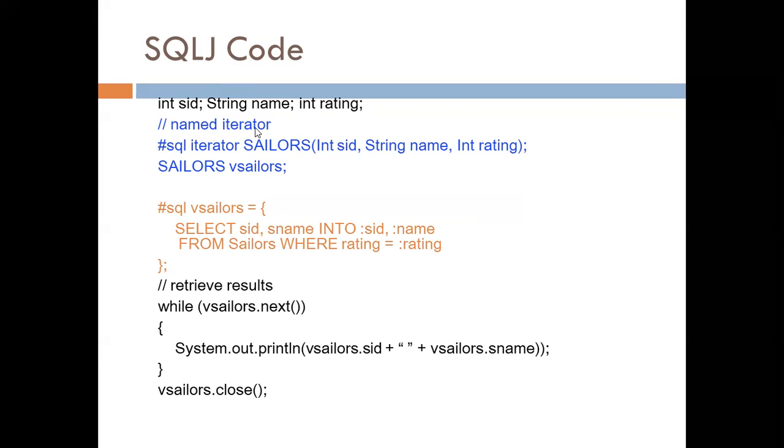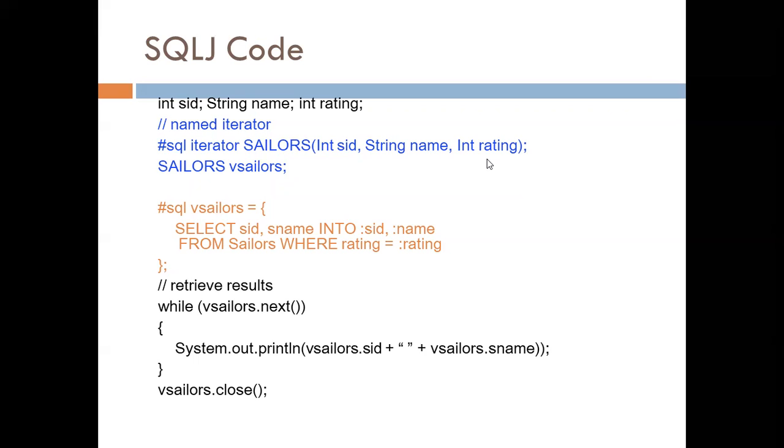Then we can create a named iterator. The iterator declaration is #sql iterator, which is a keyword, followed by the name of the iterator. Our iterator type is Sailors. Whatever is there in capital is the type of the iterator, that is Sailors, and it will be holding an integer sid, string name, and integer rating.